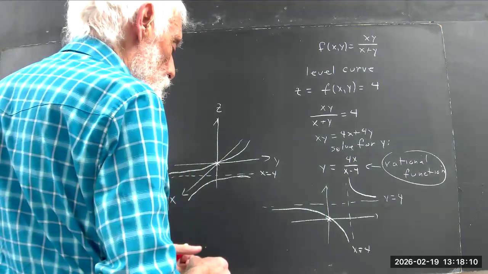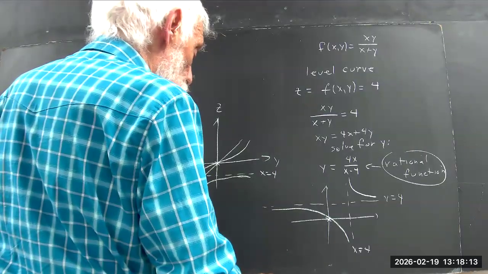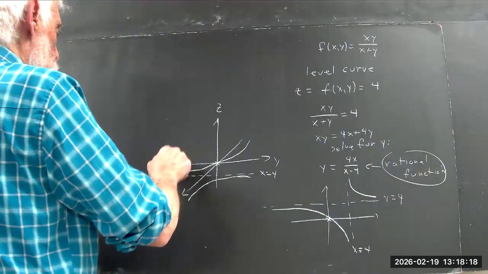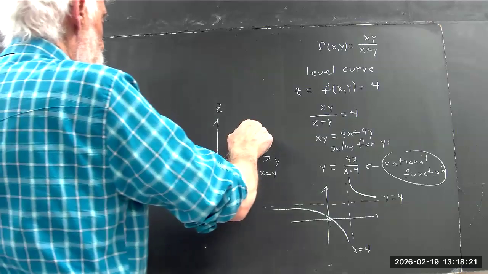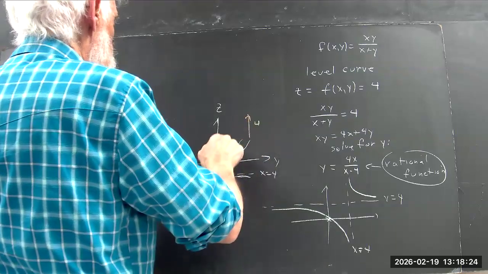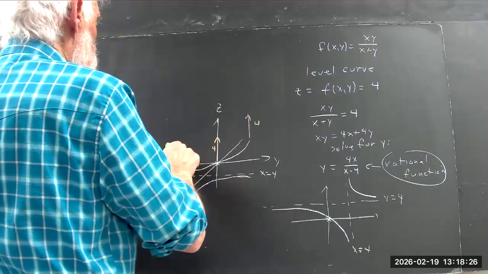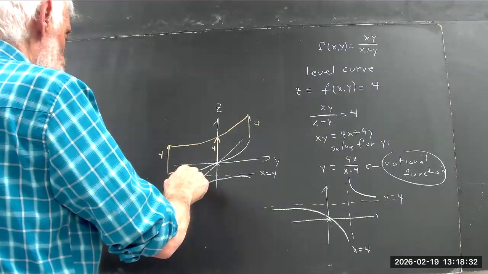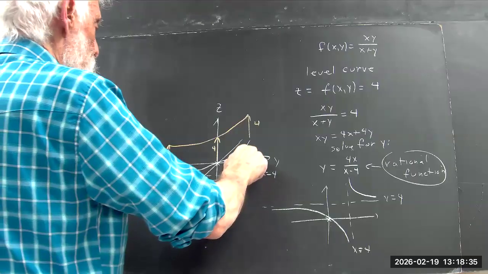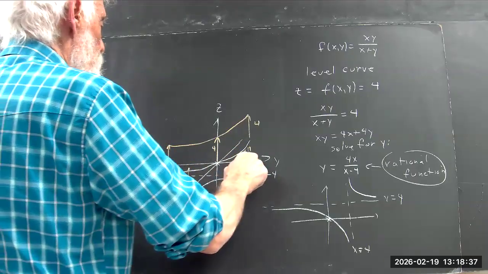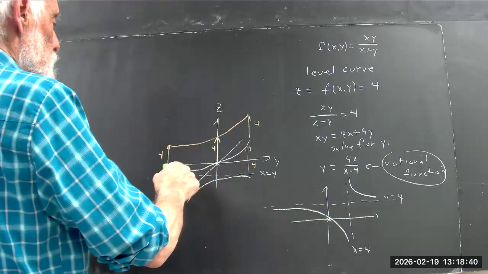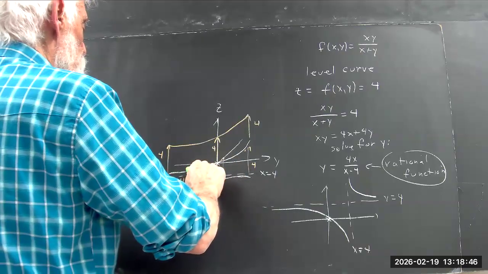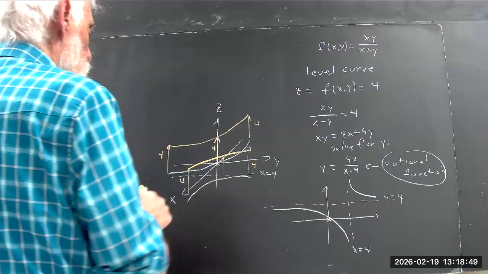And then if we draw the graph, just raise every one of these points 4 units. And we get this curve up here. And down here, we raise every point 4 units. And that's implicitly in the z direction. So if we raise this 4 units, we get this. So we get something that looks like this.